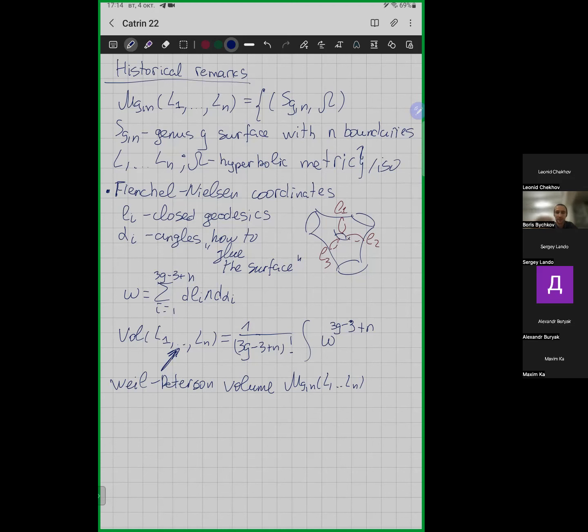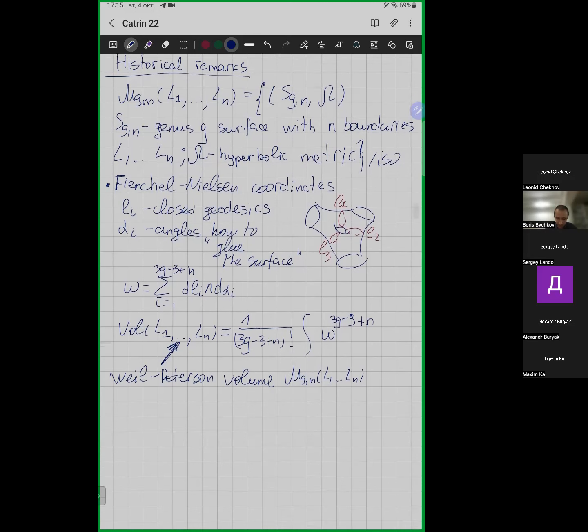They later proved that it coincides, and then people started to realize that this recursion, which is called Eynard-Orantin recursion or nowadays just topological recursion, fits very many other problems, from Gromov-Witten invariants and many others.